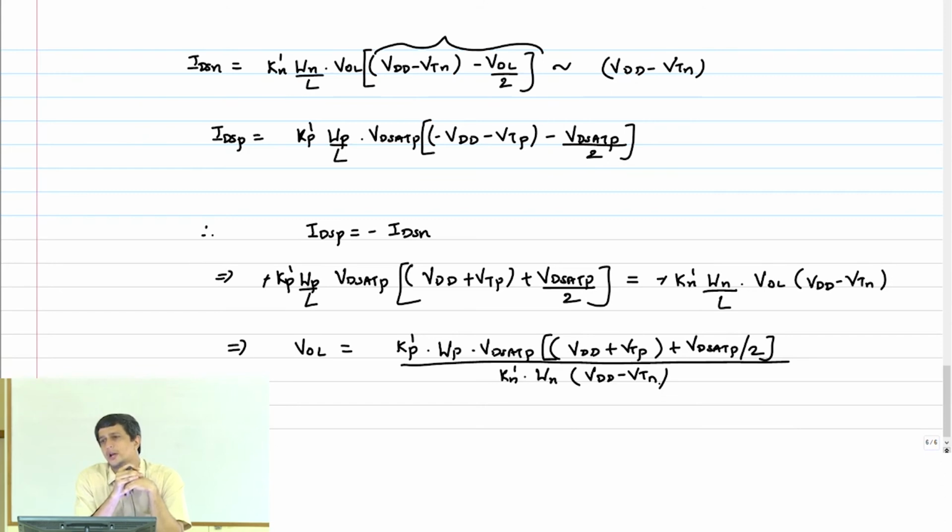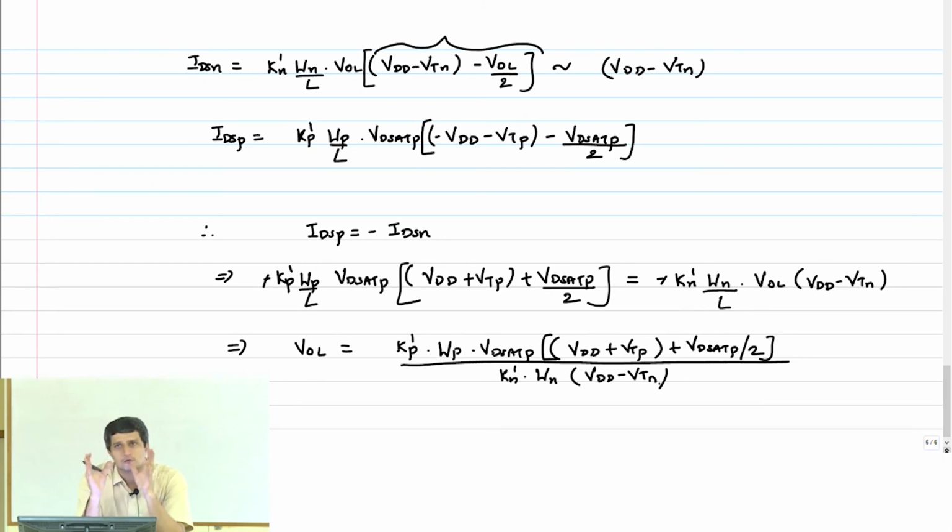So what does this tell you first of all? In order to achieve a certain VOL so that the circuit can even function logically correctly, I need to have a certain WP by WN ratio. If the PMOS transistor is extremely strong, then when the pull down network is active, the PMOS transistor will try to pull the output closer to VDD and will not allow the pull down network to go to 0.